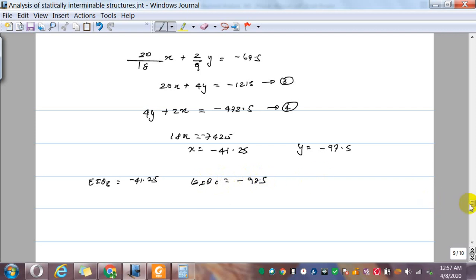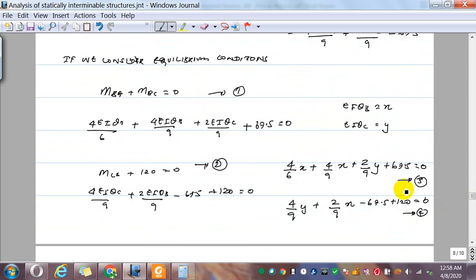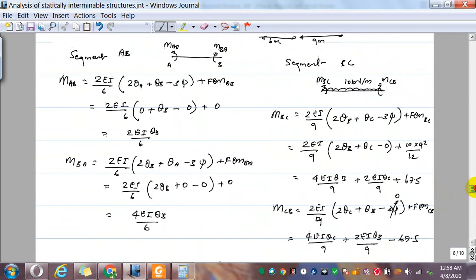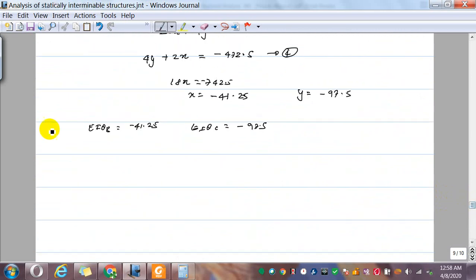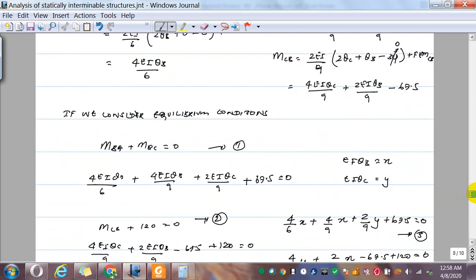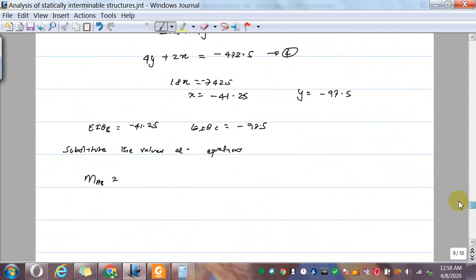If I substitute these in the equations, I can obtain MAB, MBA, MBC and MCB values. So substitute values in the equations. MAB is equal to, from this equation, 2 EI theta B over 6.